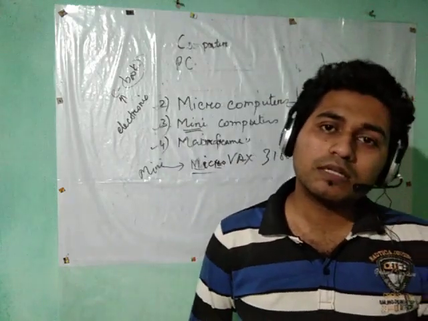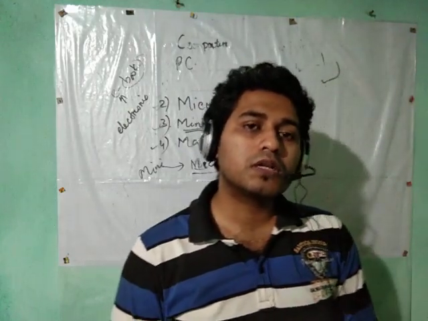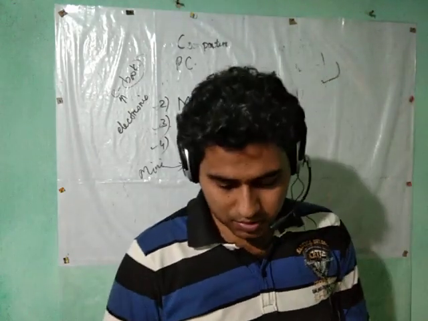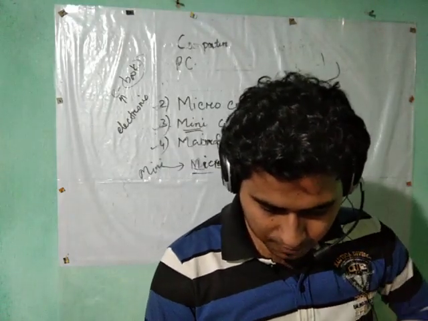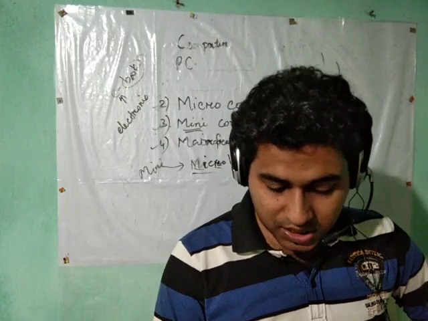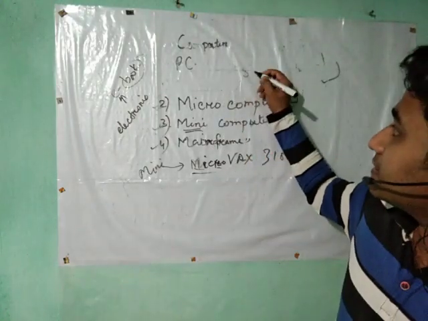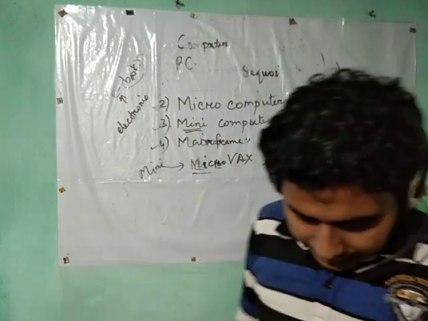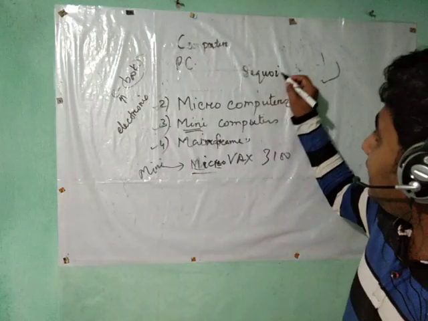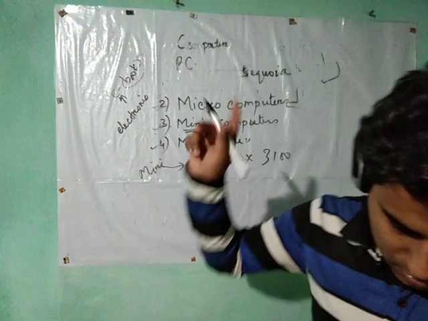Okay, what was the first Indian supercomputer that India bought? Param. Remember this name. Now IBM's Sequoia. Who uses Sequoia? The IBM company.